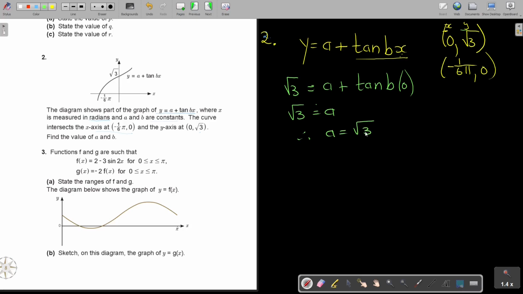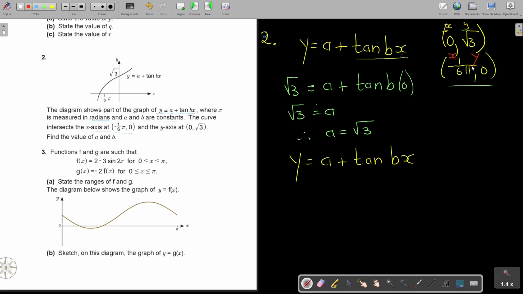That's good, because now it can help me in this one. So if I start again with the formula, y is equal to a plus tan bx. Okay. So now, this is again, can I just show you? I want to take another color. This is x and this is y. Okay.